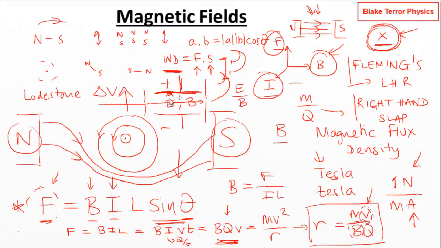All other velocities will either go upwards or downwards, but they won't go straight on and through the gap on the other side. So you're selecting a particular velocity by changing the strengths of the electric and magnetic fields. So this is how we pin down a particular value of V to go into our mass spectrometer.